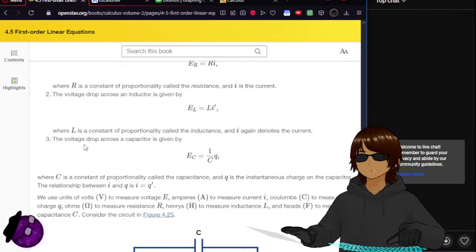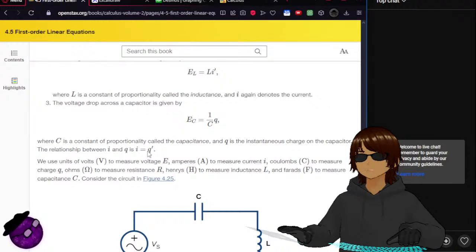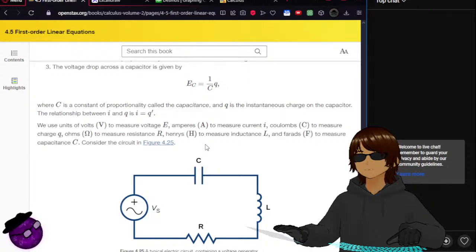The voltage drop across a capacitor is given by this, where C is a constant of proportionality called the capacitance, and Q is the instantaneous charge on the capacitor. The relationship between I and Q is I is equal to the derivative of Q, the instantaneous charge on a capacitor.